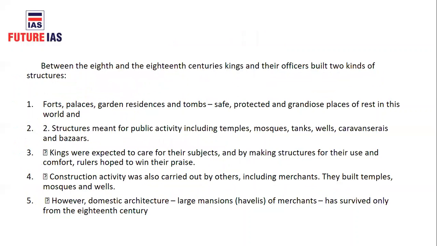Let's understand the difference between the 8th and the 18th century. Different types of kings built different types of structures, so let's understand the differences. They built two types of structures.